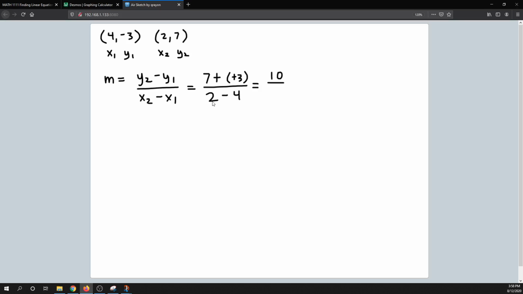All right, and then 2 minus 4 would be negative 2. And then we would need to reduce this fraction as much as possible. 10 divided by a negative 2 is a negative 5. So the slope of this line is negative 5.